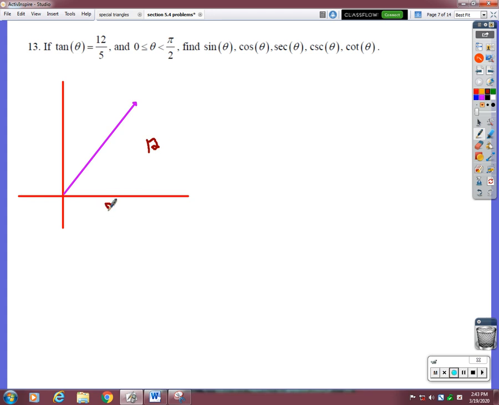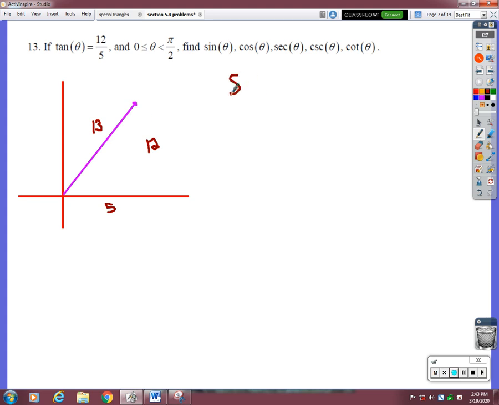y over x. Society's beginning to break down, you can tell already, because I'm not completing my triangles. Jeez Louise. And then if we use the Pythagorean theorem, we would find that this is 13, because 25 plus 144 is 169, and the square root of that is 13.